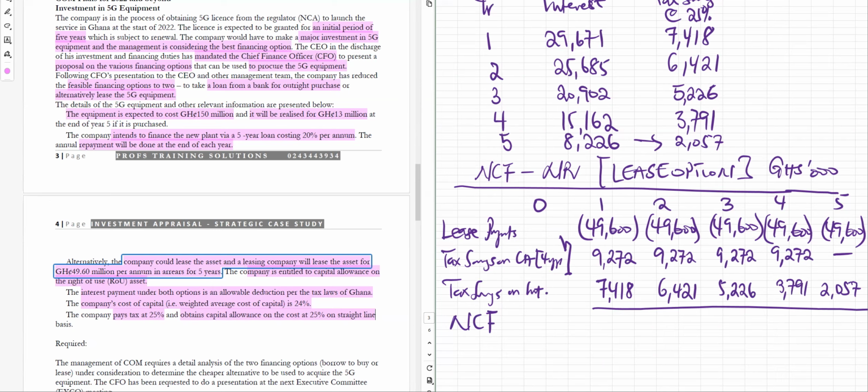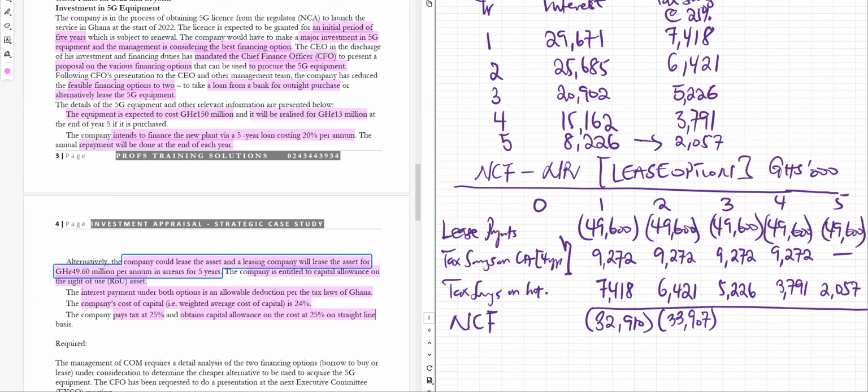Once we are done, we actually come and get the net cash flows. So you have negative 49,600 plus 9,272 plus 7,418. That is negative 32,910. We have negative 49,600, 9,272 plus 6,421. We end up with negative 33,907.